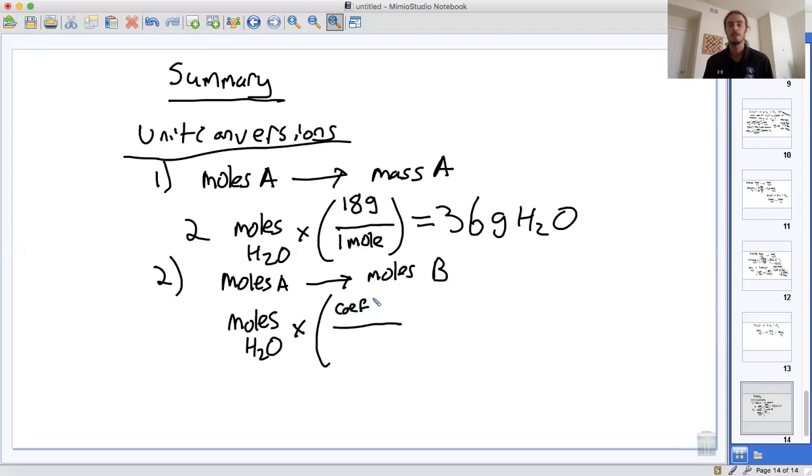So the coefficients go here. And let's say you're trying to get moles of H2, then the coefficient of H2 should be on the top, and the coefficient of water, which is what you're starting with, goes on the bottom.